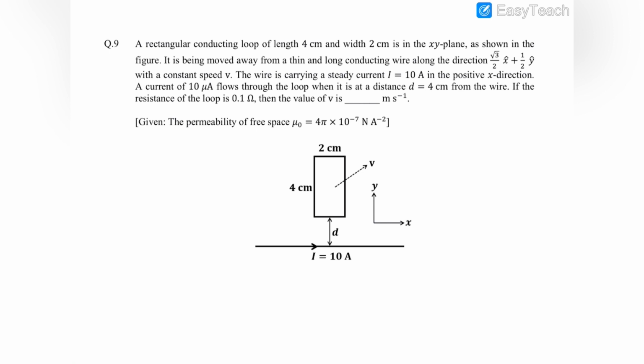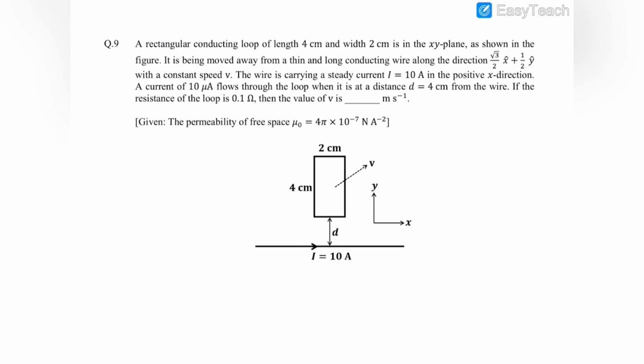So this wire is carrying a steady current of 10 ampere in positive x direction, and due to electromagnetic induction, a current of 10 microampere flows through the loop when it is at a distance of d, which is 4. The resistance of this loop is 0.1, and we have to find out the value of v.